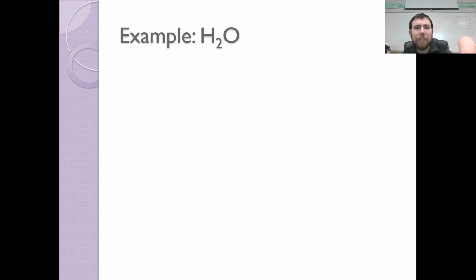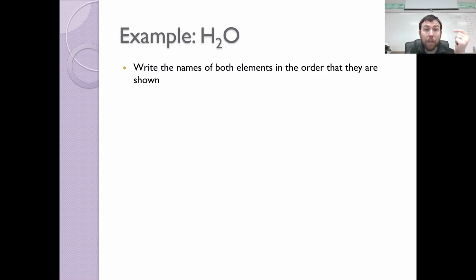The thing I want us to key in on here, we know this is covalent because it contains 2 atoms and they're both nonmetals. Because we've identified them as being both nonmetals, that cues us in, oh, I need to use the covalent rules, not the ionic ones. So if we think about it, step 1 is we write the name of both elements in the order that they're shown.